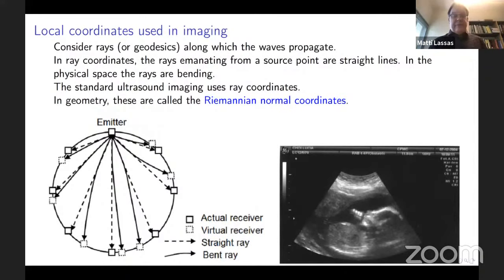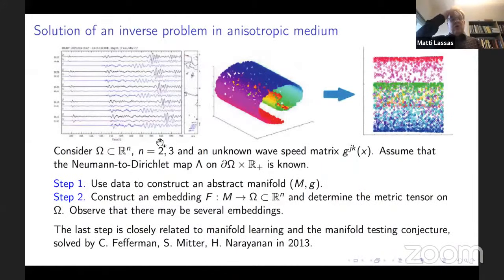Okay, so how to solve the inverse problem in this setting when we could use this abstract language of manifolds? We have some signals, that is the Neumann to delay map. We use those signals to reconstruct a Riemannian manifold, an abstract manifold, like this two-dimensional manifold that is embedded in some higher dimensional space.